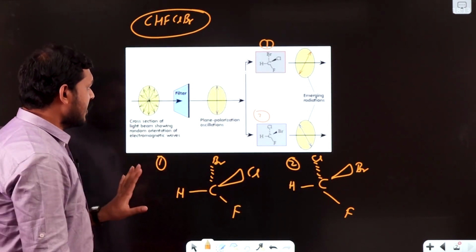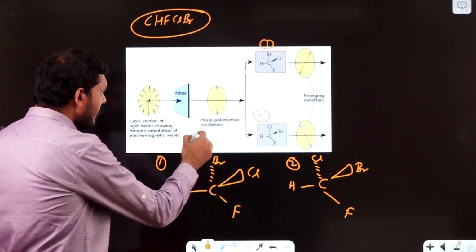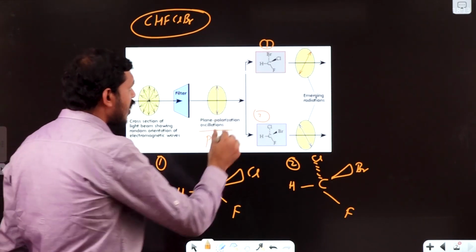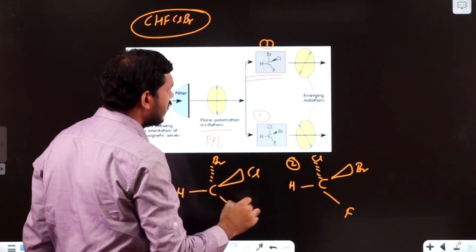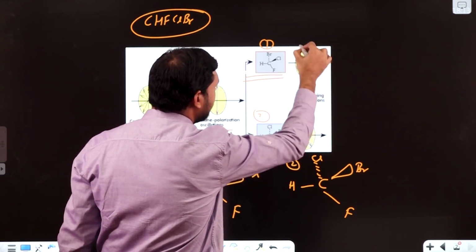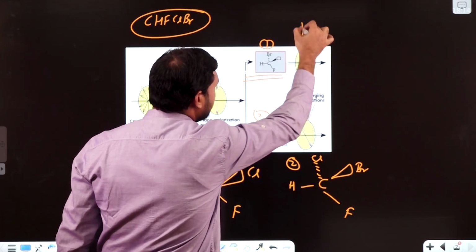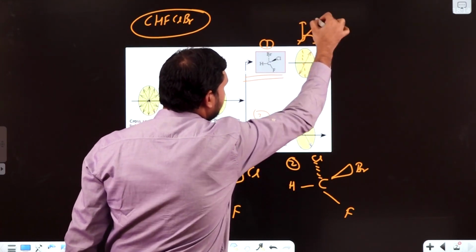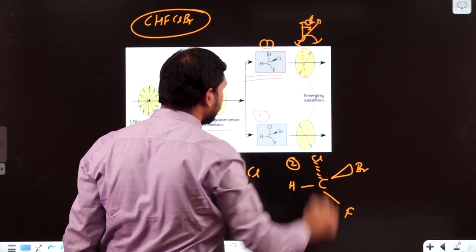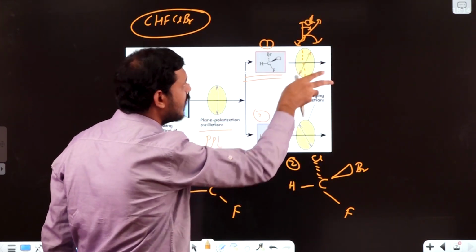on observation we find that this plane polarized light, on passing through this compound, rotated. If I observe this side with respect to this PPL, it is observed this side. So this angle alpha, it is clockwise direction.